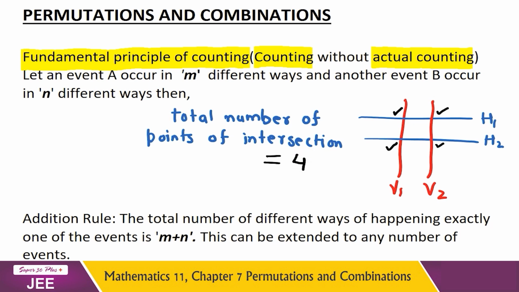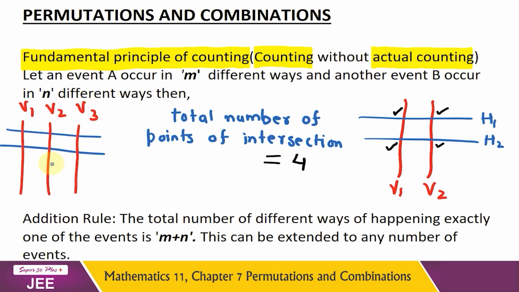Now in this particular scenario, we have counted each and every point of intersection in order to arrive at the answer. But what happens when I increase the number of lines, the number of horizontal lines as well as the number of vertical lines? Suppose that we have 3 vertical lines, V1, V2 and V3, and we have 4 horizontal lines given by H1, H2, H3 and H4.